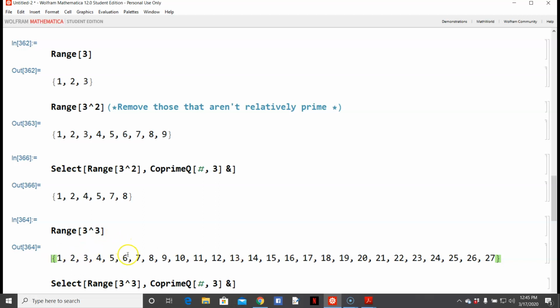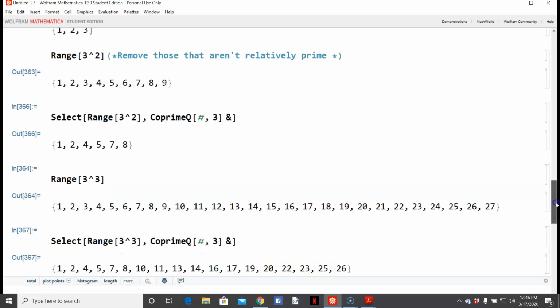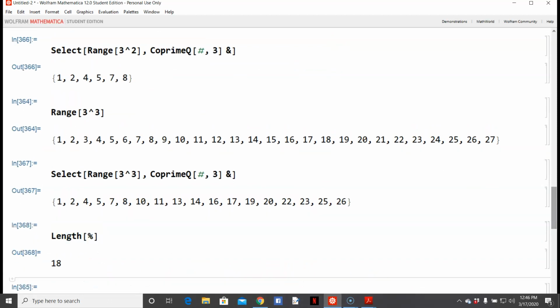So we'll remove 3, 6, 9, 12, 15, 18, 21, 24, and 27. When we do that, we're left with these values. You can count them up if you want, but we get 18. So we got 6 when we were looking at 3 squared. We got 18 when we were looking at 3 cubed.